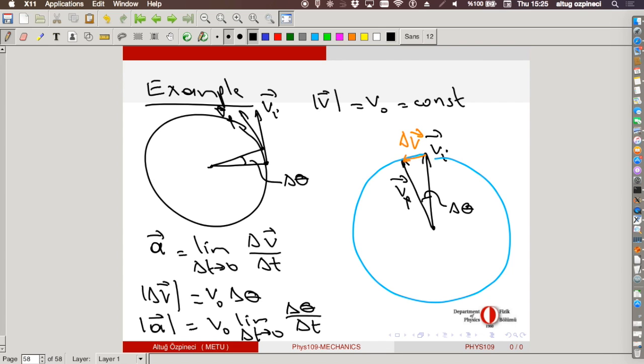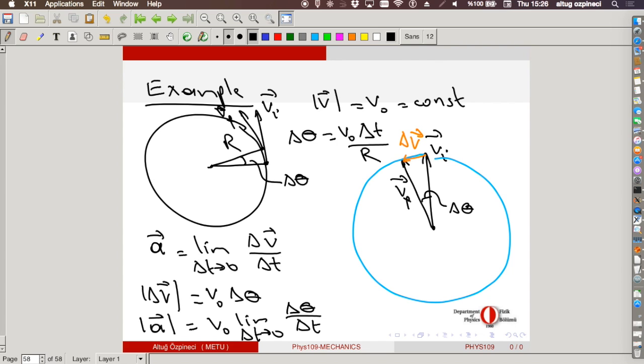Let's just call it capital R. So delta theta is nothing but the length of that arc, and the length of that arc is nothing but the speed times time, delta t, divided by R. This is R delta theta.